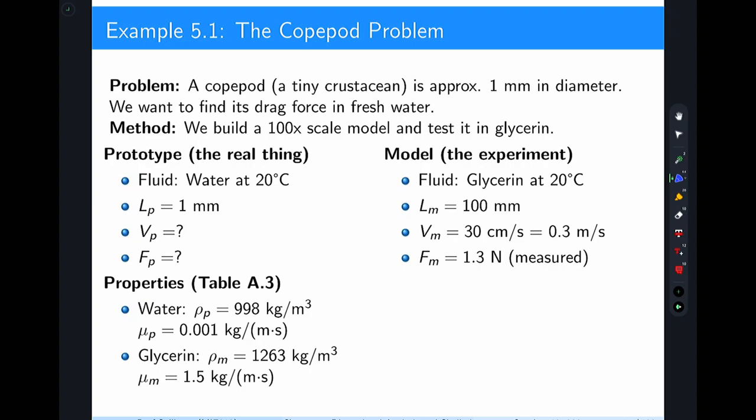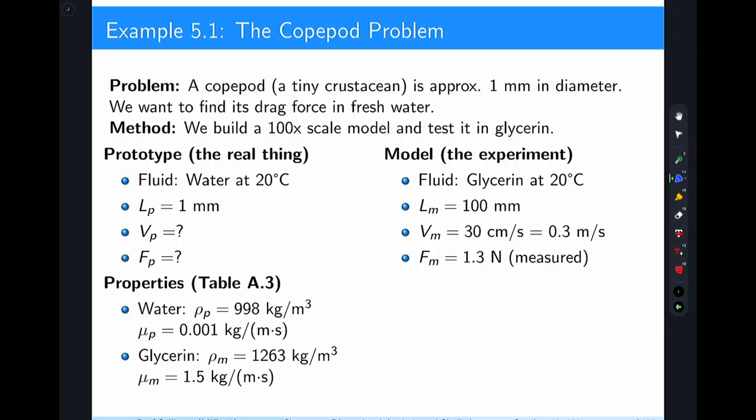The length of the model is 100 millimeters. So the scaling is a little bit different than what we might normally work with. Velocity of the prototype is unknown. Force of the prototype is unknown. But at 30 centimeters per second, 0.3 meters per second, we measure a force of 1.3 newtons.